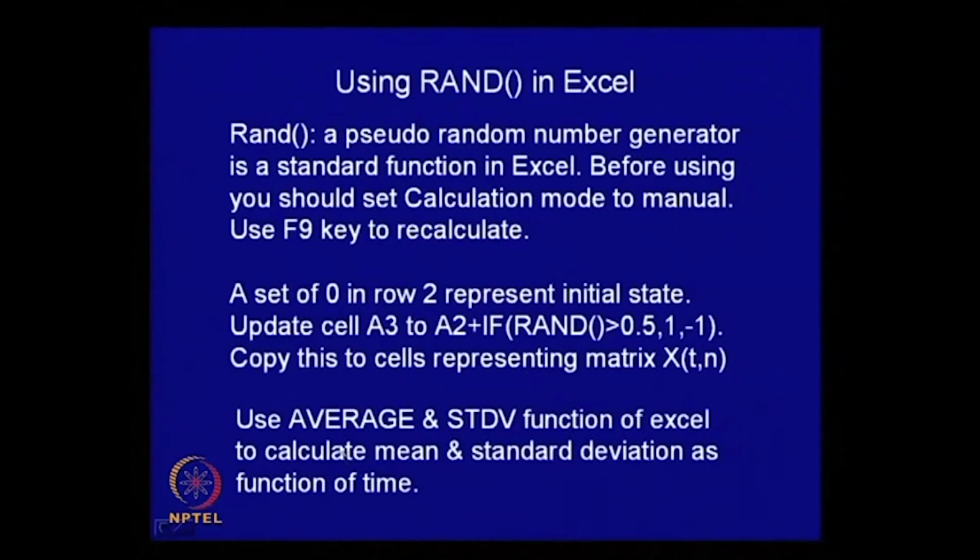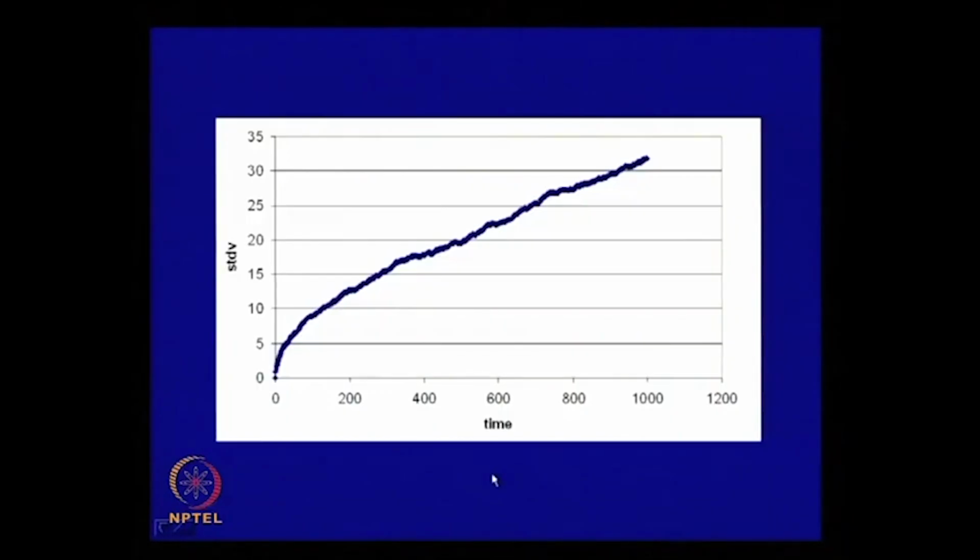Excel also provides average and standard deviation as standard functions, so you can fill up the column for mean and standard deviation. Now you can solve and generate, and look at some of these plots. You will find that the standard deviation is rather insensitive to the number of trials, whatever you do, it always follows a definite curve, whereas the distance covered may not.